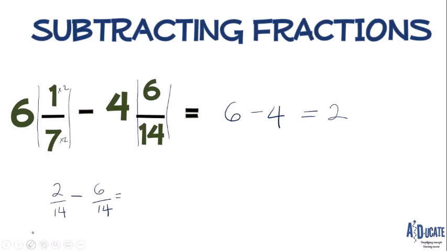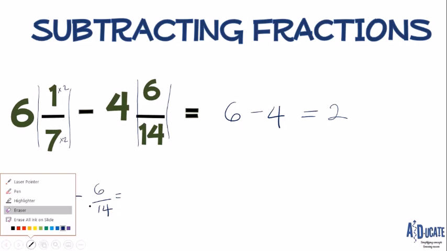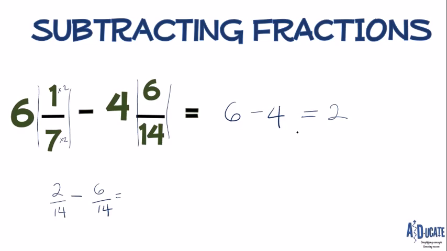Well, we're going to have to go back to our whole number to make this up. Remember we did the whole number part? We have 2 here. And now we're trying to do the impossible, which is 2 over 14, take away 6 over 14.